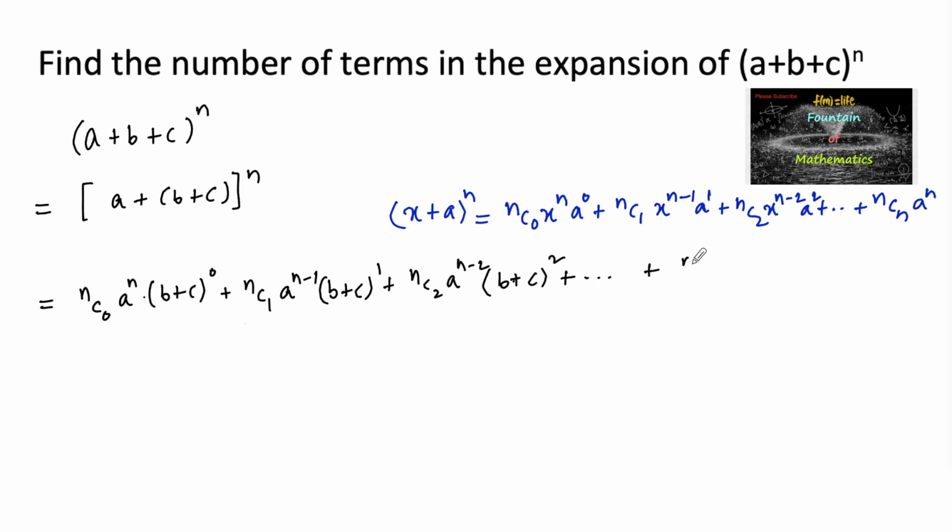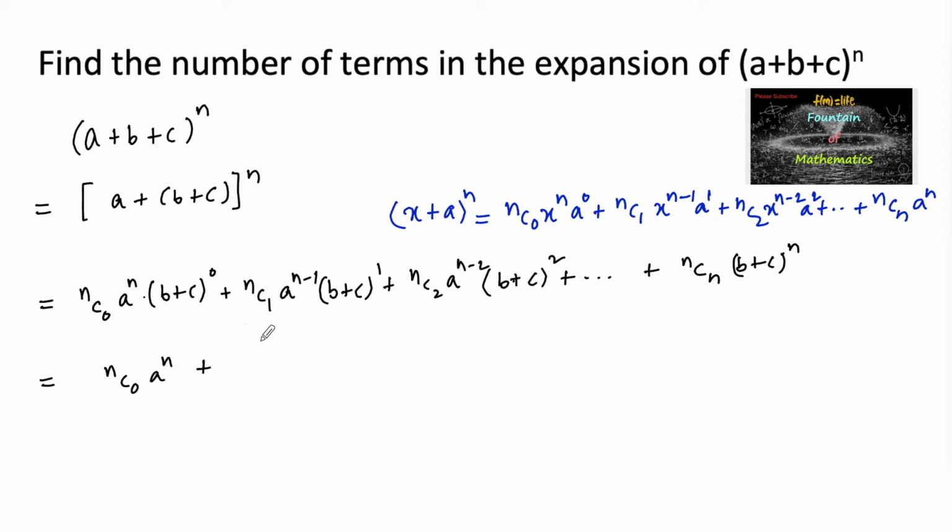The last term we can write nCn (b plus c) whole to the power n. So here we can say very clearly the first term, a power n into (b plus c) whole power 0, is 1. So we have only one term, nC0 a to the power n.